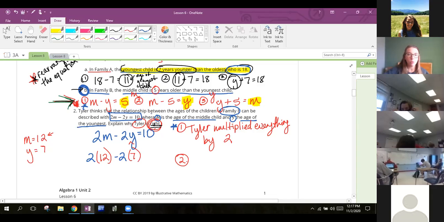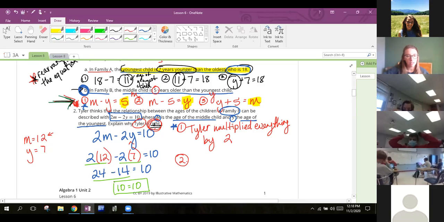And if it is equivalent, it should all equal 10. Okay, so let's simplify. What's 2 times 12? 24. All right, what's 2 times 7? 14. So I have 24 minus 14. What's 24 minus 14? 10. Does 10 equal 10? Good. Yes.